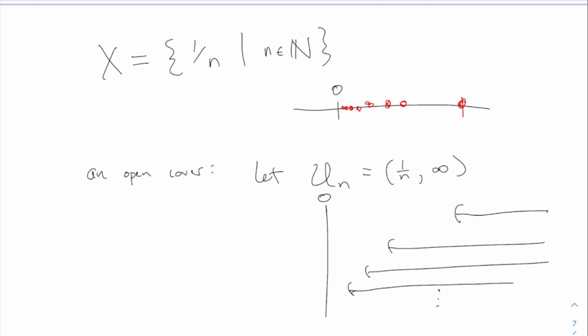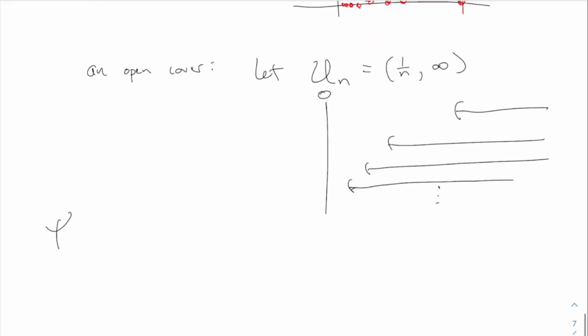So that's why X is not compact. This is an open cover, but this has no finite subcover. Because if you only use finitely many of them, then you're going to miss some of the points that are really close to 0.